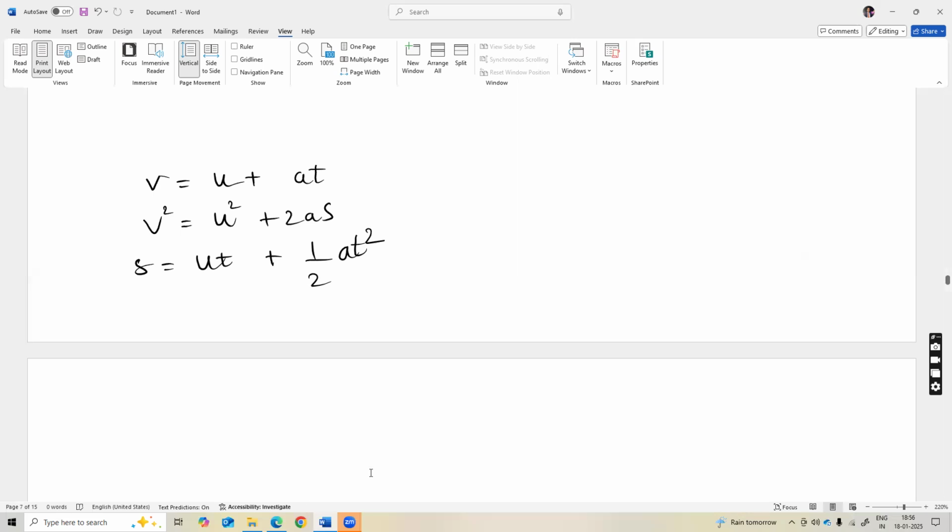From Newton's second law, we have seen F = ma. Generally mass is constant, and if force is also constant, then acceleration is also constant, and therefore we can use these equations.